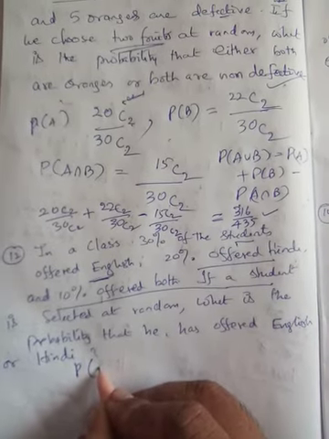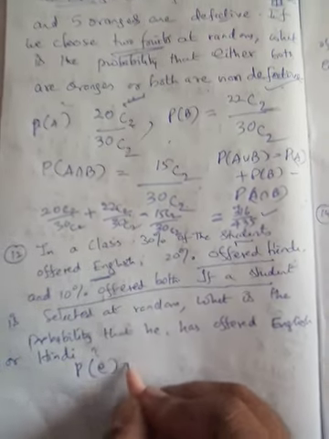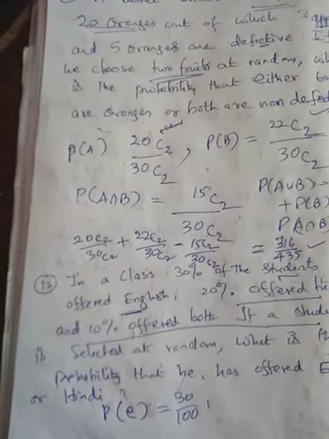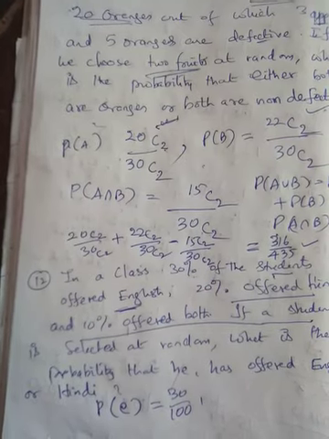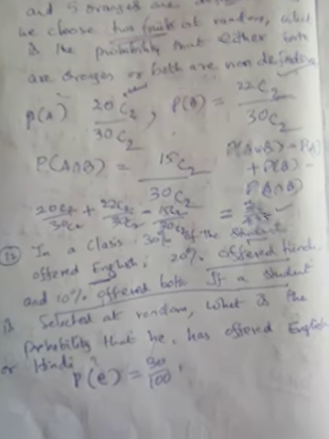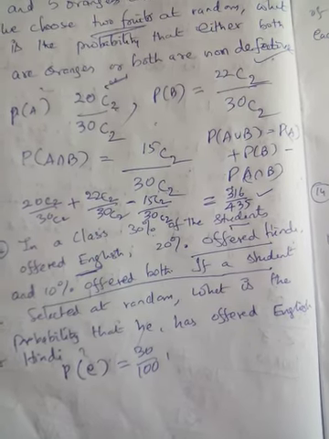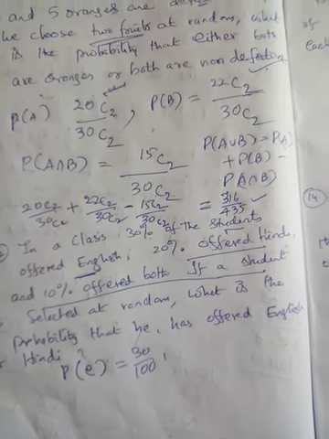So the probability for selecting the English course, P of E. Suppose 30% are there, that is 30 by 100. 20% offer Hindi, in the sense 20% of the students are going for Hindi.